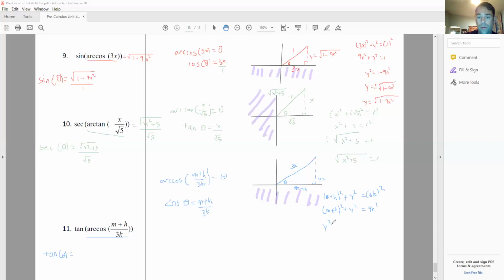So y squared is 9k squared minus m plus h squared. And we take the square root of it. And since we are dealing with quadrant 1, that'll be a positive y value.